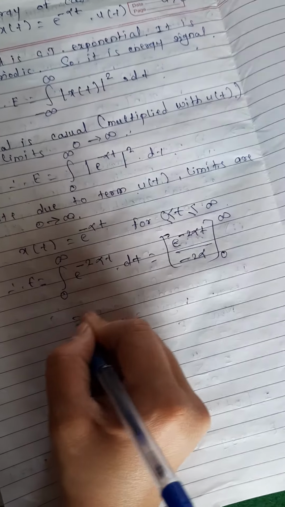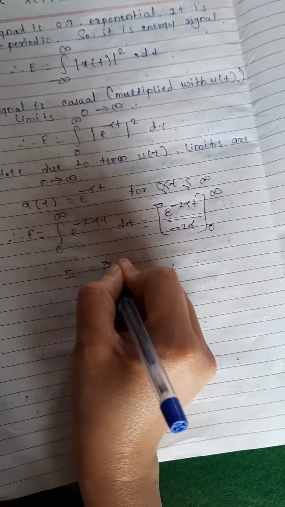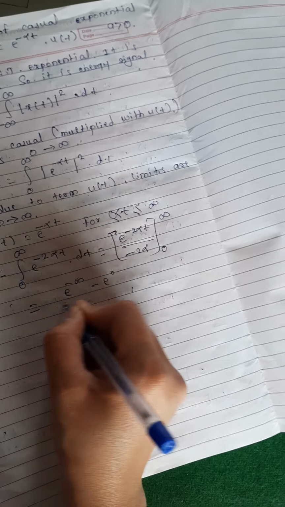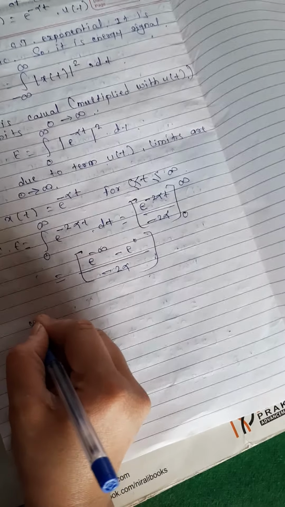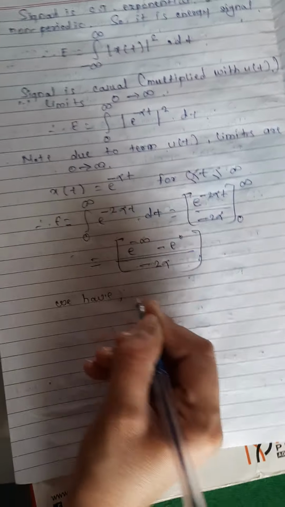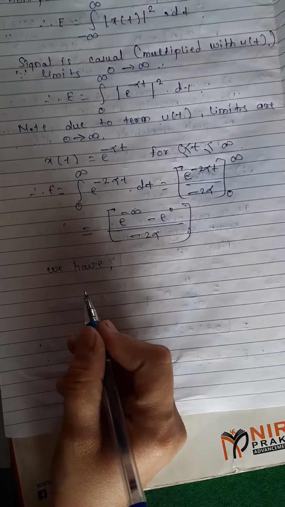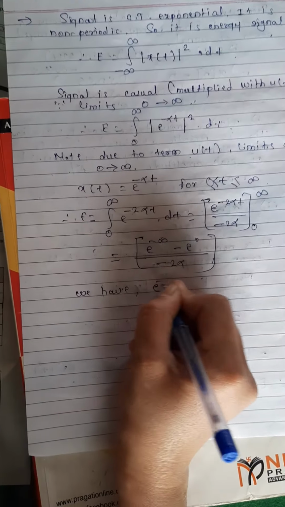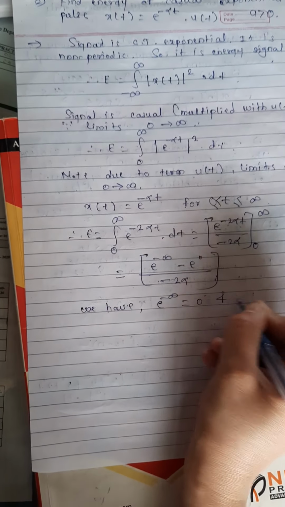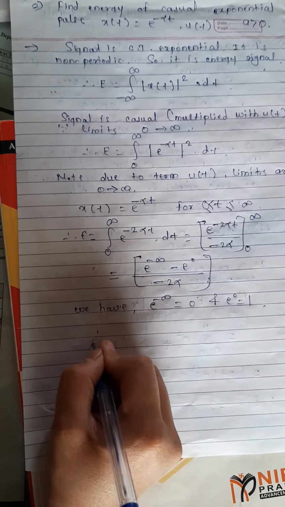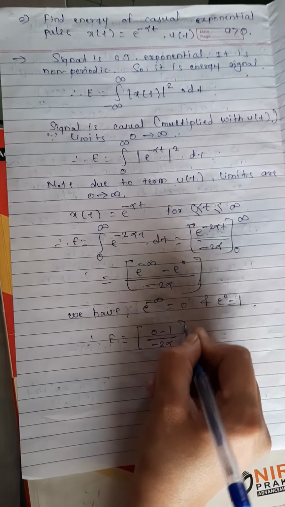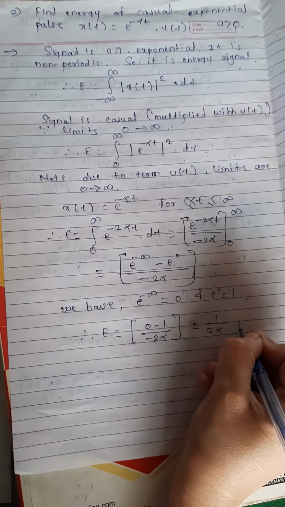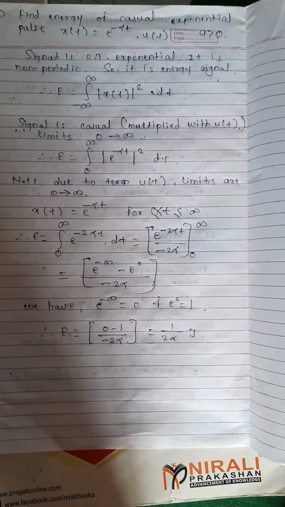We substitute the limits, so it is e raised to minus infinity minus e raised to 0, divided by minus 2 alpha. Now e raised to minus infinity is equal to 0 and e raised to 0 is 1, so it is 0 minus 1 divided by minus 2 alpha, so it is 1 by 2 alpha. This is the value of energy of the given signal.